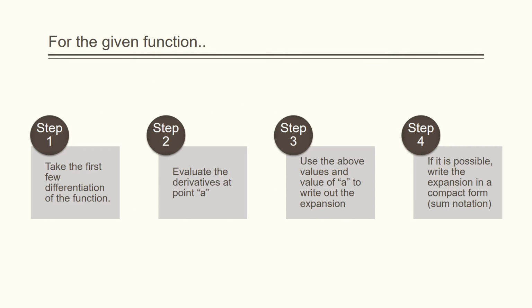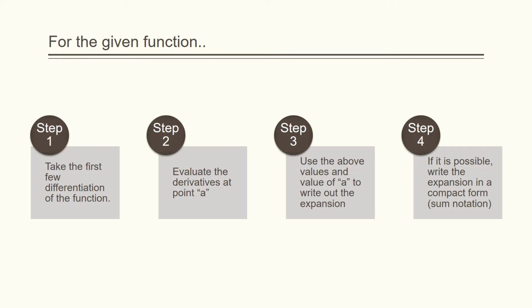So here's a generalized rule for basically any given function, where you just take the first few derivatives of the function and then evaluate the derivatives at the specific point a, and then you can write out the expansion from there, like the derivative multiplied by x plus the second derivative multiplied by x squared over 2 factorial, etc., where you'll eventually be able to write out the expansion in a compact form.